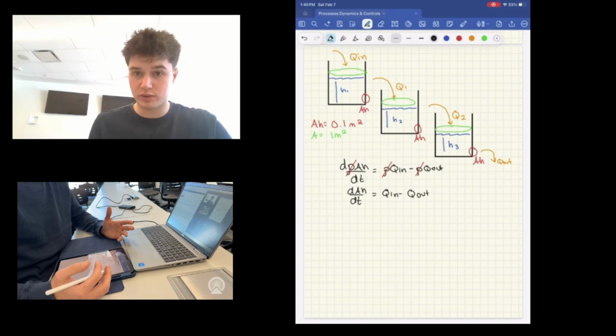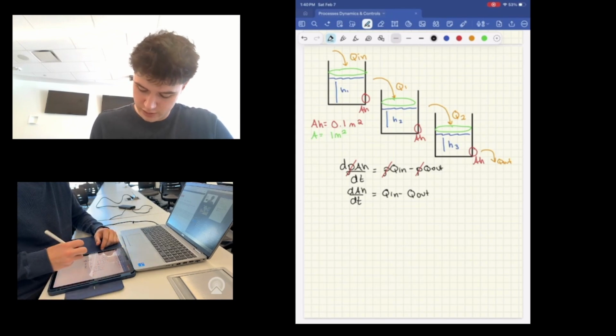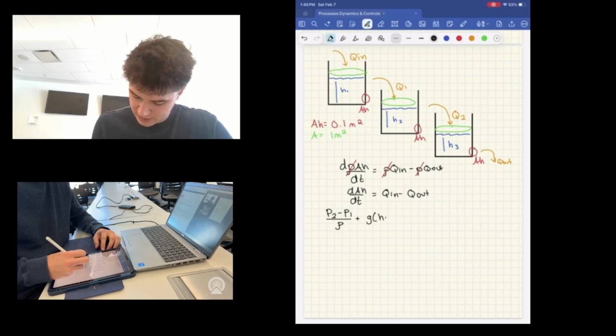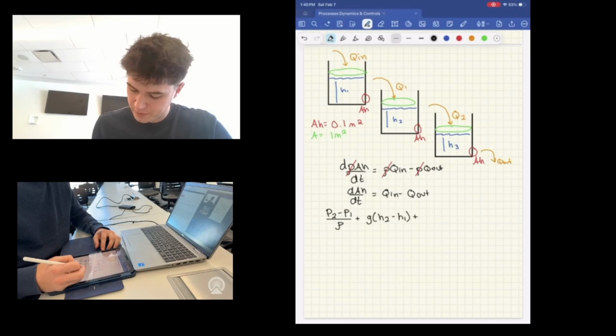But like I said, to understand what Q out is, we're going to have to use Bernoulli's equation, the first aspect of which is the pressure term, which is P2 minus P1 over density, plus the potential energy, which is g times (H2 minus H1), plus the kinetic energy, which is going to be the change in velocities squared, (V2 squared minus V1 squared) divided by 2.